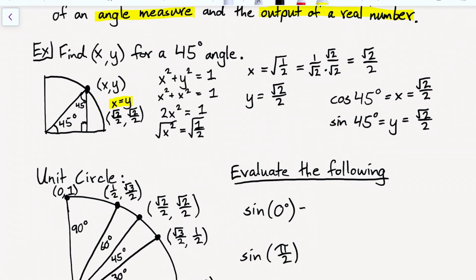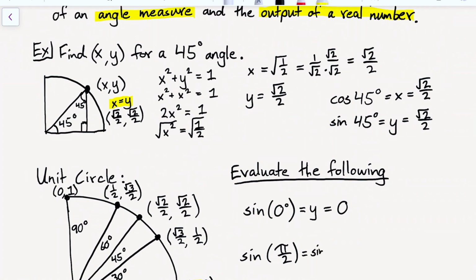Let's say I want the sine of 0 degrees. Remember, that's the y value. And as I look at the terminal point associated with 0 degrees, the y value is 0. So we say that sine of 0 equals 0. Or maybe we want sine of pi over 2.